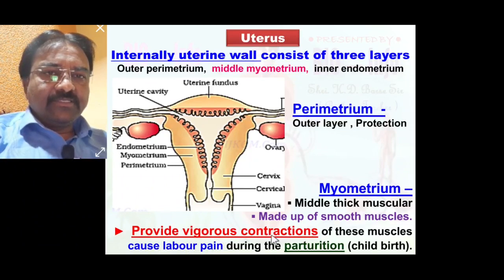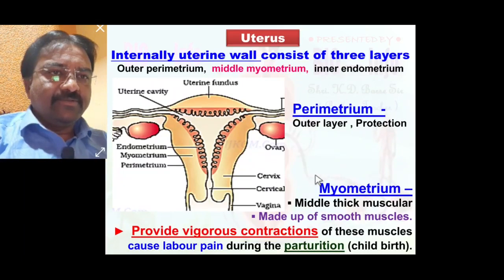This results in labor pain and the childbirth process takes place easily. So this is the function of the myometrium. Here we discussed in detail that the perimetrium is an internal uterine wall. The myometrium is also an internal uterine wall, performing a different function.